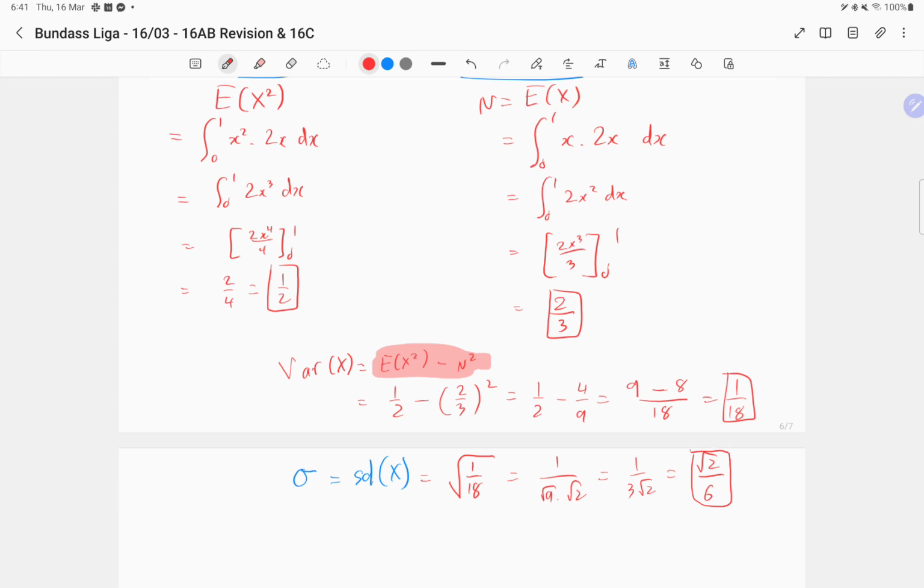Okay, so note that for fractions, you want to rationalize the denominator. So the denominator is always a whole number. Right? So have a look at how I rationalize that.